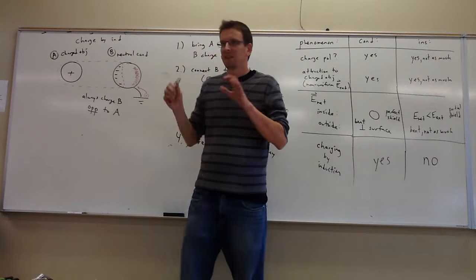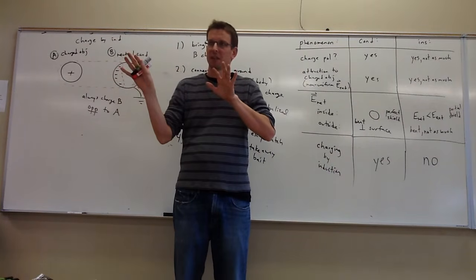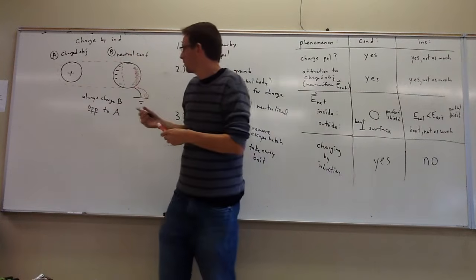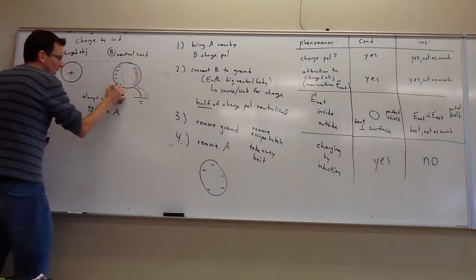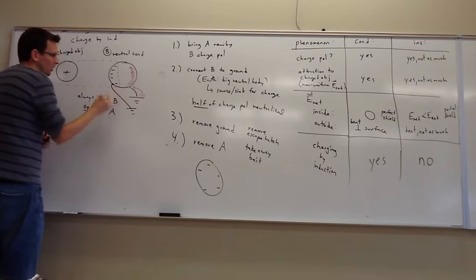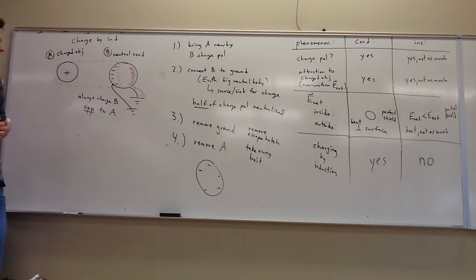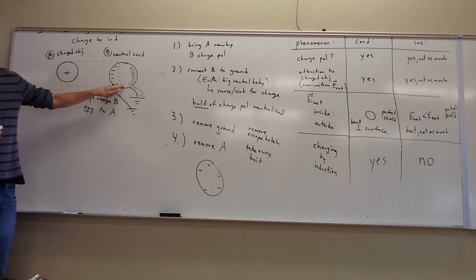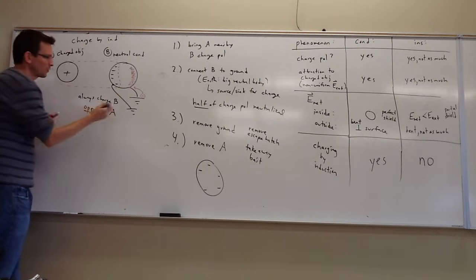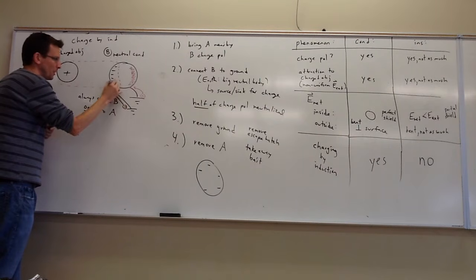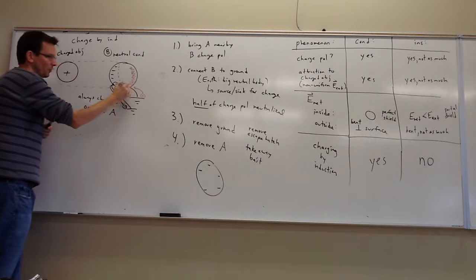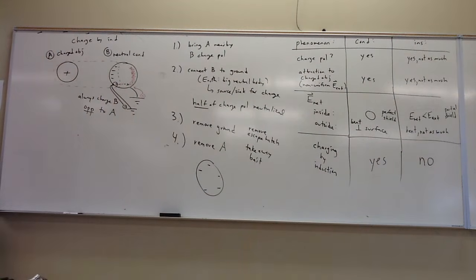And the reason why is that everything can always shift over to accommodate, right? So if you were even to connect it here, you might think, how is that going to work? Well, this can shift over, right? So an electron can come up from the ground and replace this one, and the one that used to be there goes over here, right? So it all shifts around to accommodate the same goal.